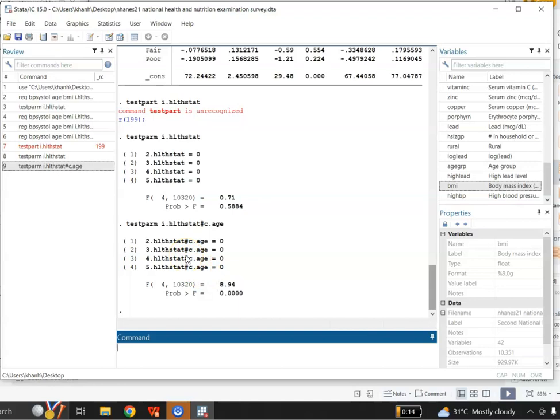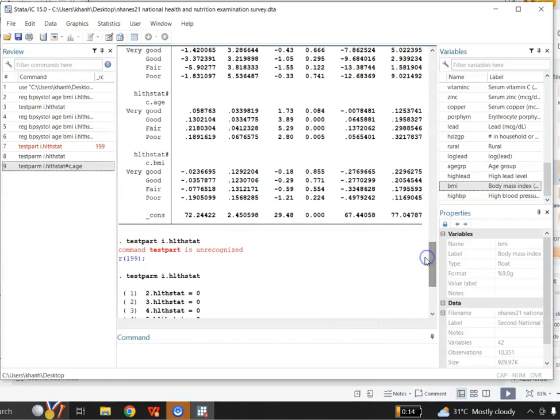So our conclusion is that the various interaction coefficients of the health status and age are jointly not equal to 0, and that is clear from here. Three of them are highly significant. Even this one is significant at 10%.